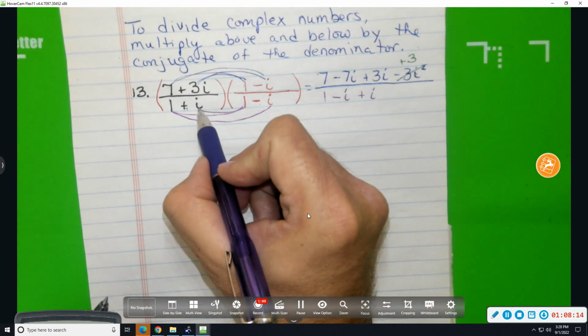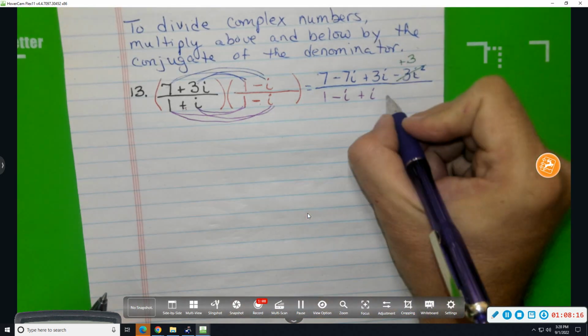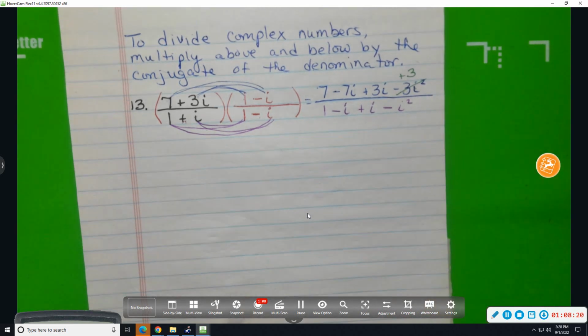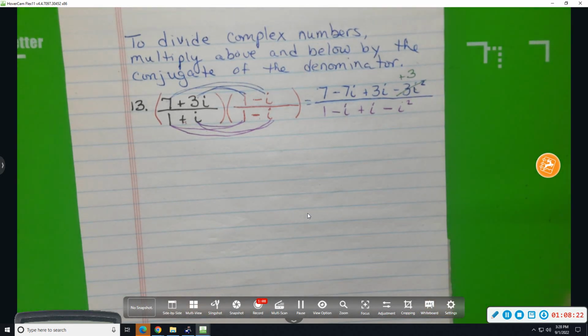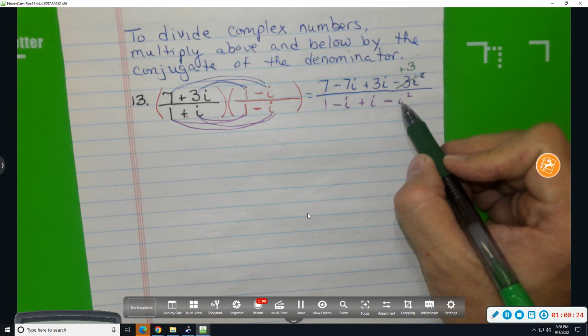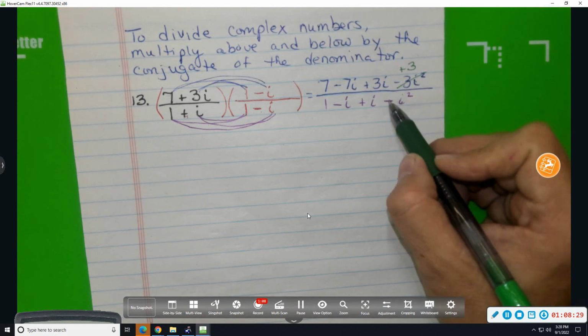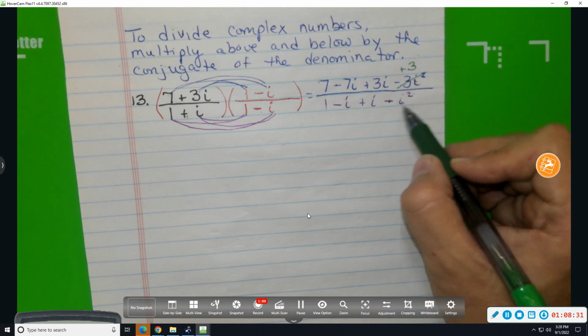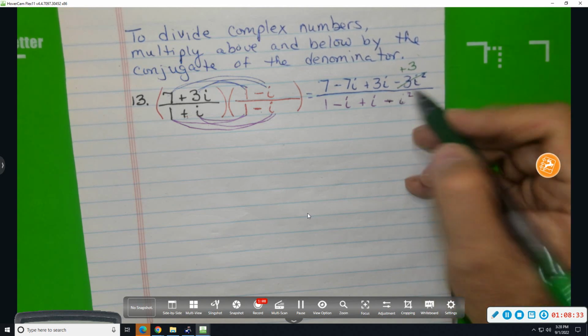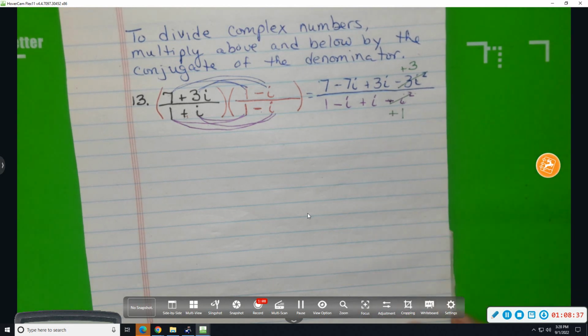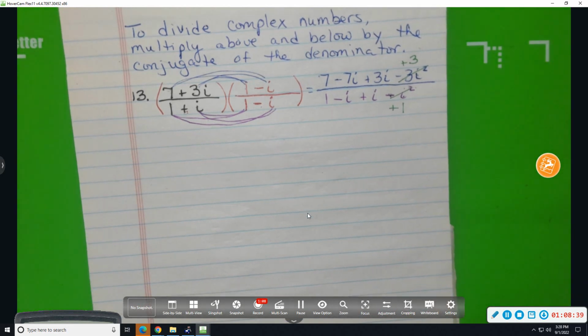Then it's a minus i squared. What am I going to change that minus i squared to? Positive 1. You change the i squared to negative 1. Are y'all following why I have a plus 1 right there in place of the minus i squared?